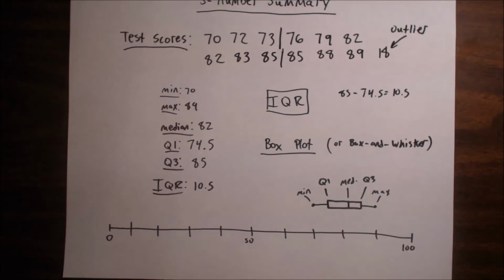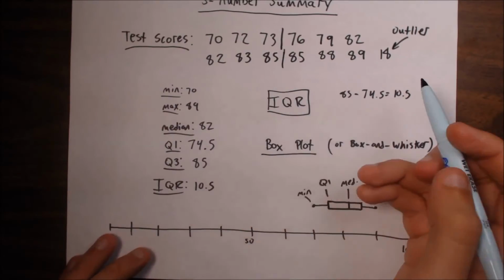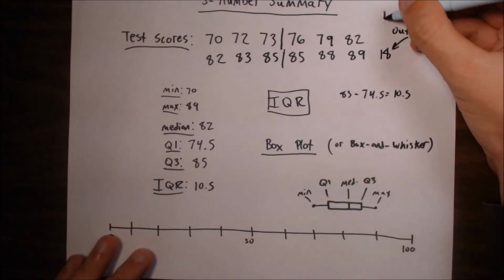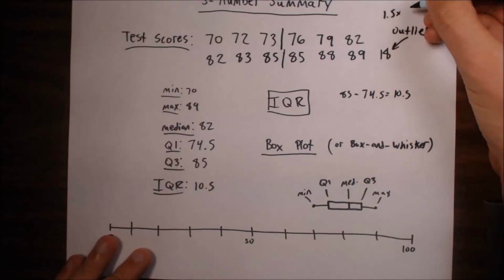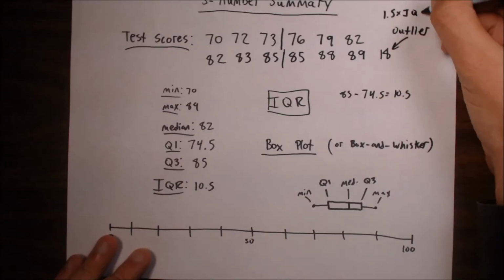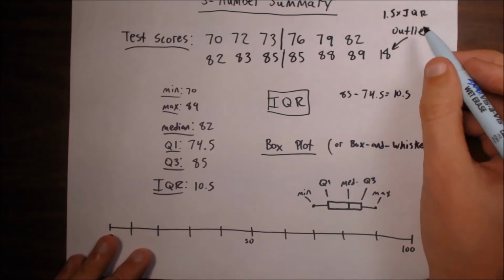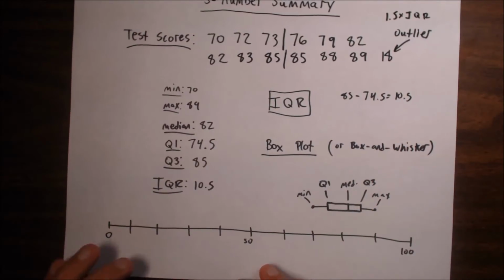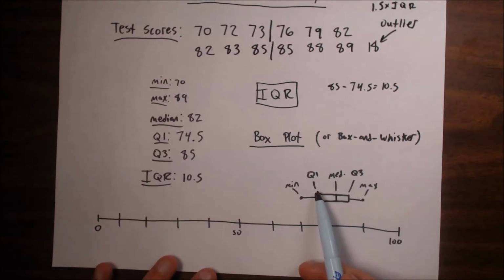And there's different criteria you can use. The one that we're going to use is, we're going to say that something is an outlier if it is 1.5 times the interquartile range from one of the quartiles. Okay, so what does that mean? This box right here is the middle 50%.